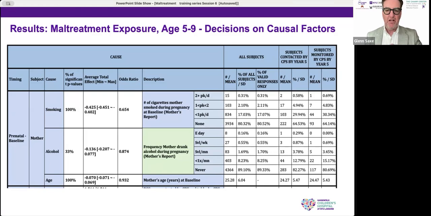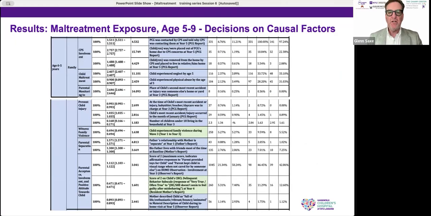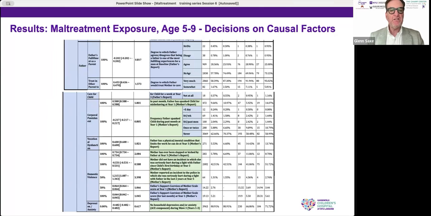So I don't want you to pay too much attention because it's a lot, but I'm just showing you how the data is presented as our team then looks at it and figures out which causes to choose, which have large enough effects, which could be measurable, which will have interventions available.